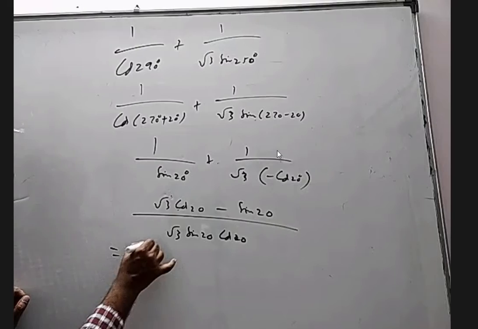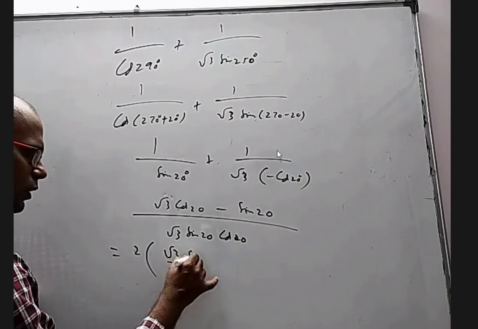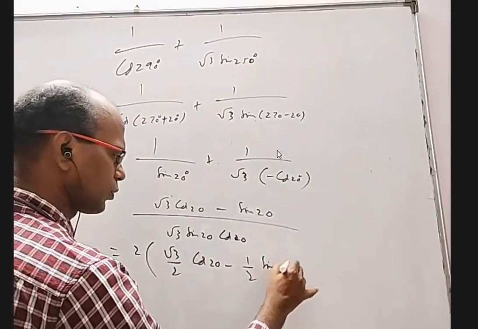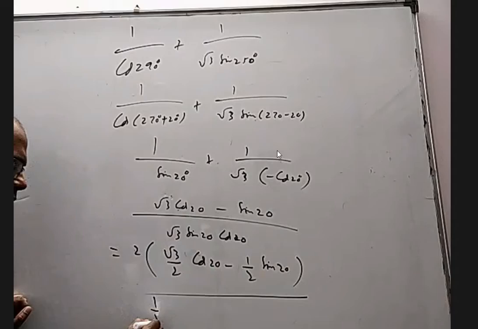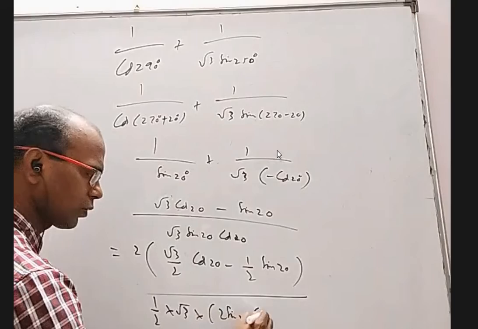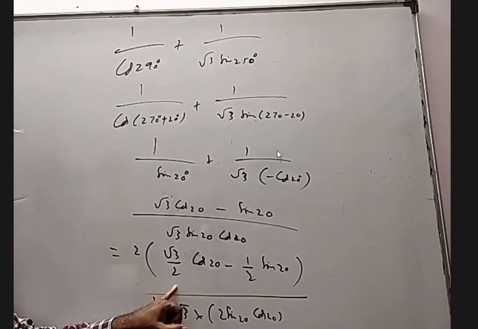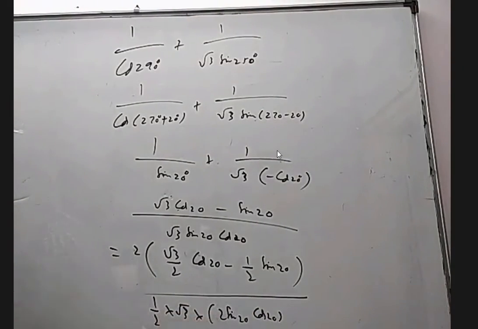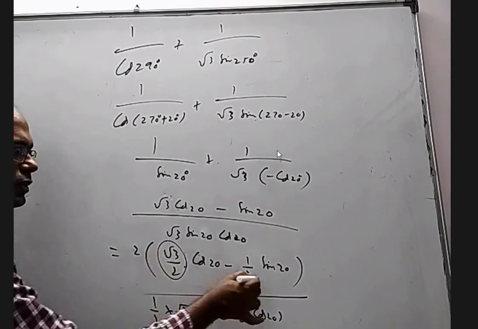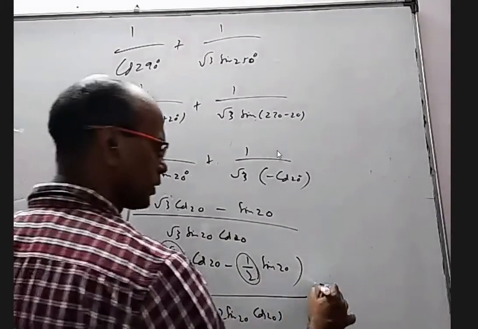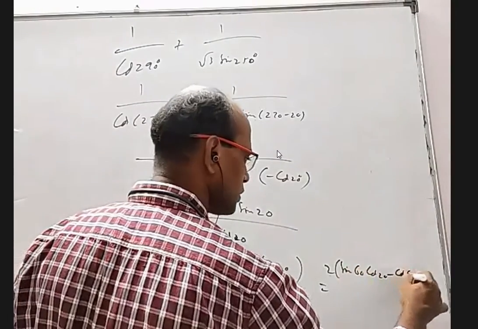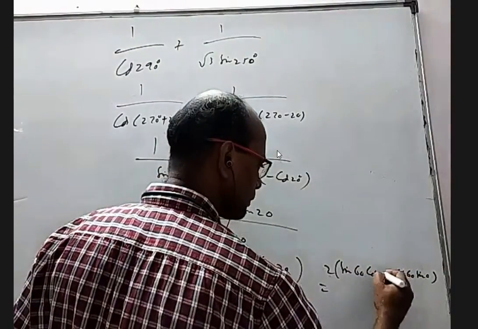So here I am going to write 2 times root 3 by 2 cos 20 minus 1 by 2 sine 20. Here it is 1 by 2 into root 3 into 2 sine 20 cos 20. So here dividing with 2 is more useful, and here multiplying 2 is more useful. So I divide and multiply by 2 here. This is actually sine 60 and this is cos 60. So it will become 2 times sine 60 cos 20 minus cos 60 sine 20.